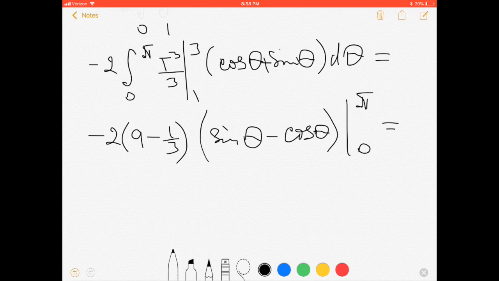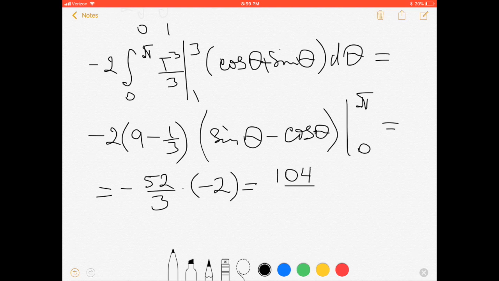Okay, finally we have 27 minus 1, this will be 26. 26 times 2, it will be 52. Okay, minus 52 over 3. Sine pi and sine 0 is 0. Cosine pi is negative 1 and cosine 0 is 1. This means accounting for all this, we have negative 2. And this means I have 104 over 3.